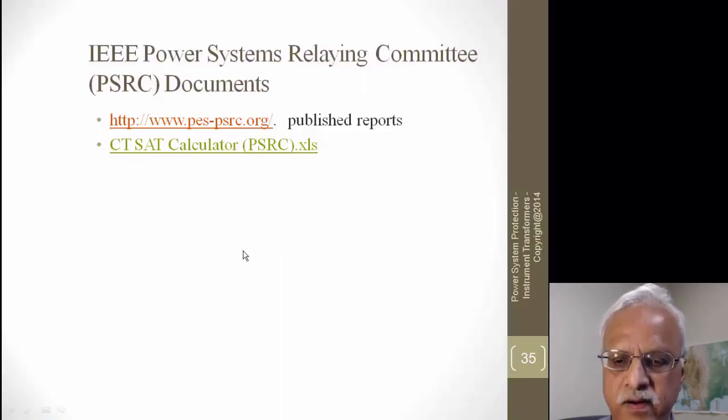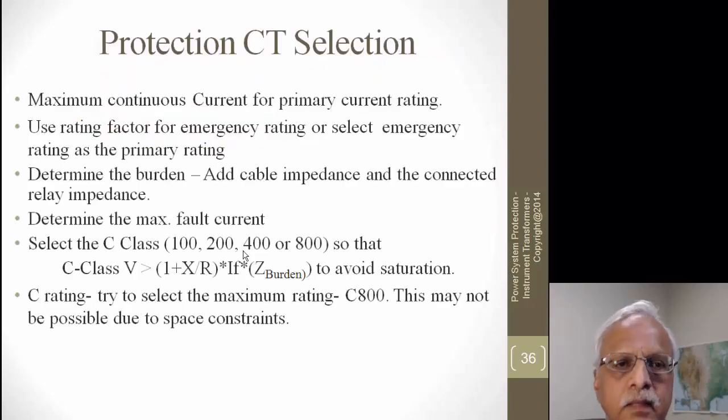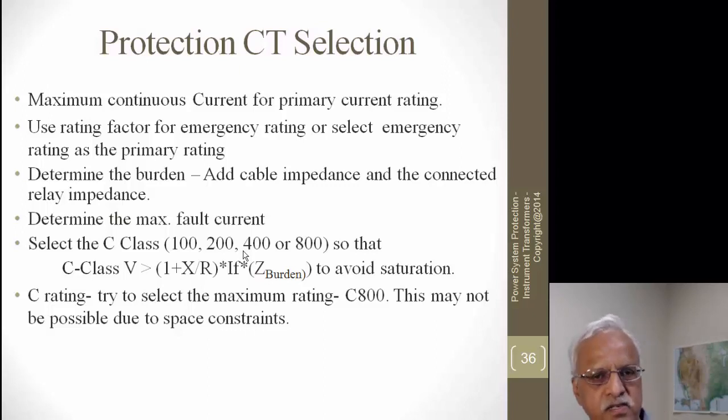Go back here, and from this you can easily look at your application, depending on the fault current and X/R ratio of the system, and what type of CT you're using. When you want to select a CT, you have to see the maximum continuous primary current rating, and the rating factors you can use for emergencies, as I mentioned for the transformer.